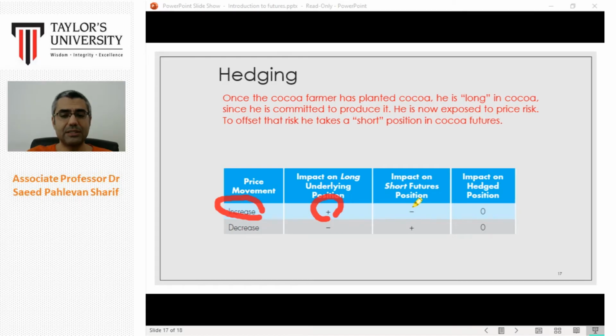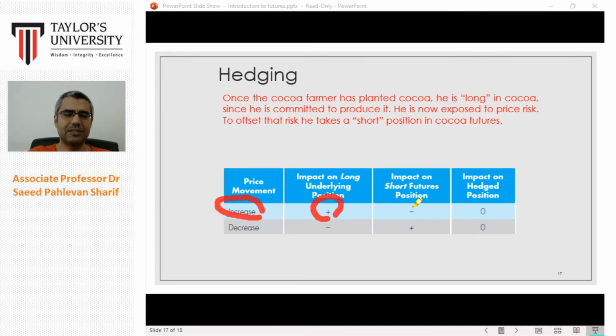Because they obligate the farmer to sell cocoa at 100 ringgit per ton 6 months later, if the price of cocoa increases in the market, for example to 200 ringgit per ton, this means a loss on the futures contract for the farmer, because the contract is just a piece of paper, right? This contract obligates the farmer to sell cocoa at a fixed price, which is 100 ringgit per ton.